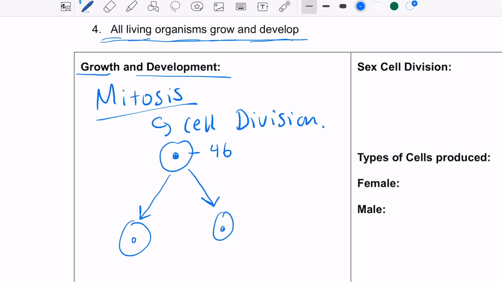Those chromosomes need to copy themselves to both of the new, what we call daughter cells. There are specific steps in this that happen. You honestly don't really need to know this. They don't ask you this on the Regents. But this process of cell division for growth and development is called mitosis.